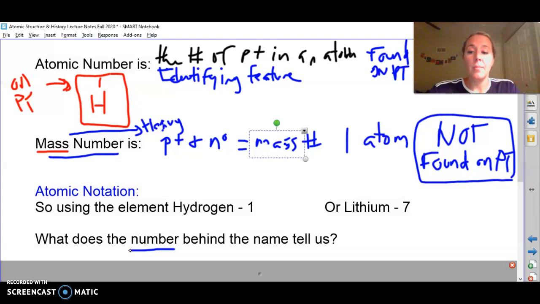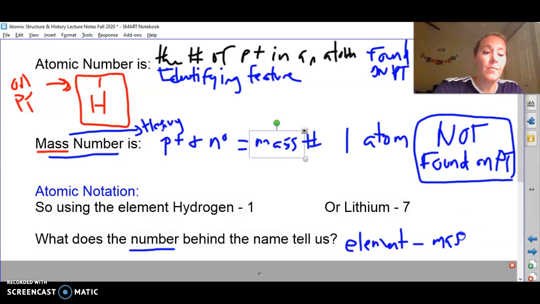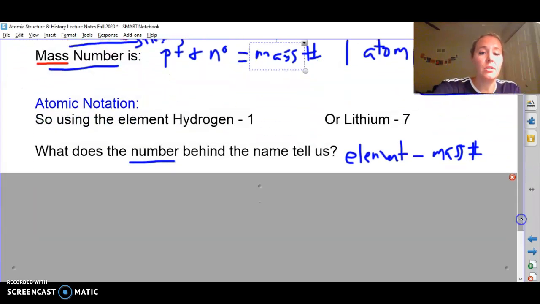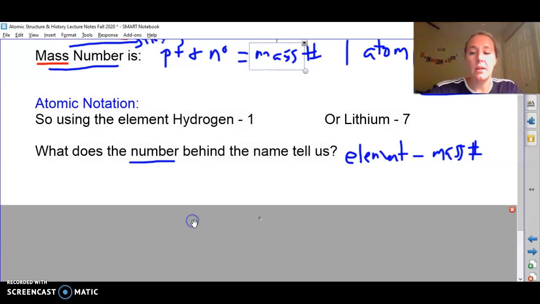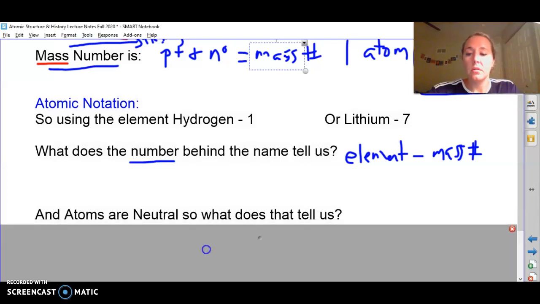But the number in atomic notation is telling you the element name or element symbol, and then its dash mass number. And from that, you can actually deduce how many protons, electrons, and neutrons there are in an atom.